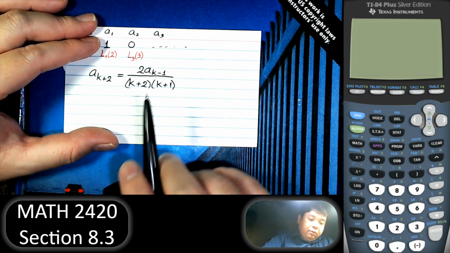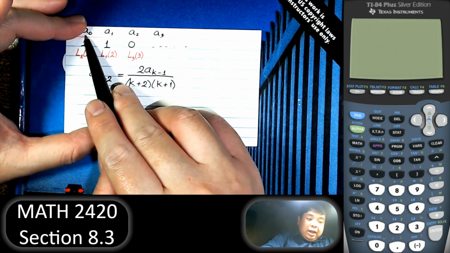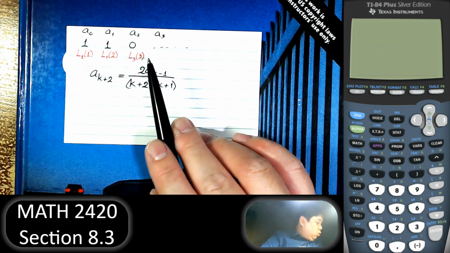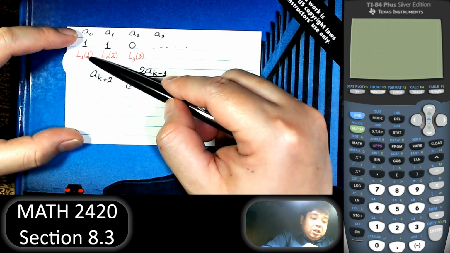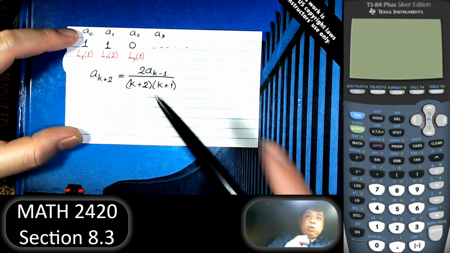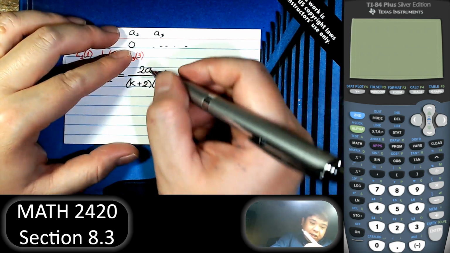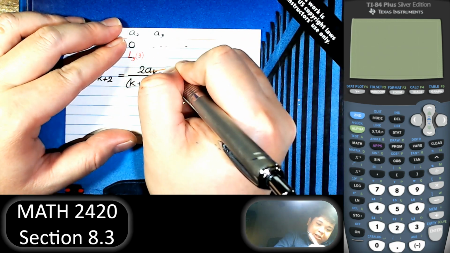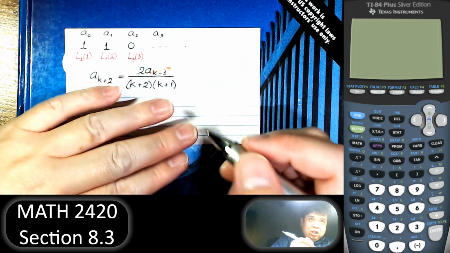Now, notice that the index in the sequence and the index in the series are not the same. This is one more than that. So the first thing we have to do is increase the index by 1 to accommodate what we have in the sequence.